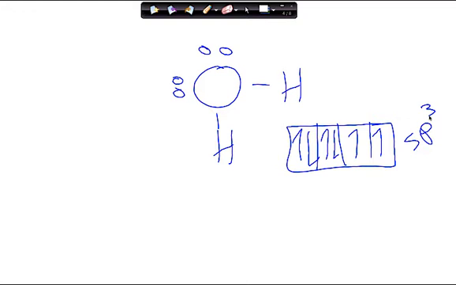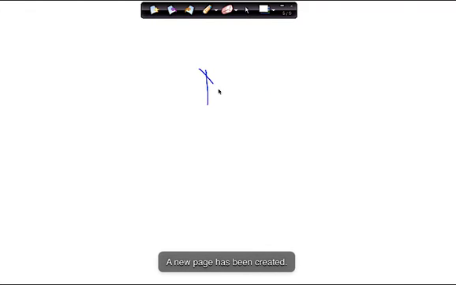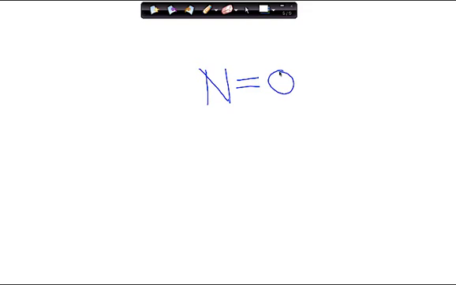Now guys, watch this. What about nitrite? How many domains are on that central nitrogen? 3. There's 3 domains. One of them is a double bond, but there are 3 domains.